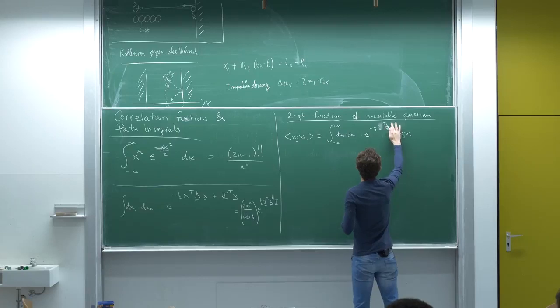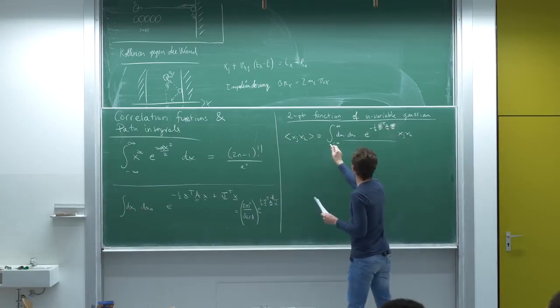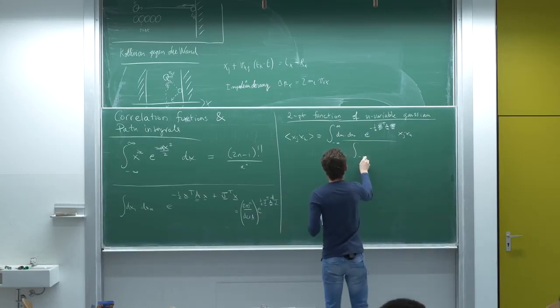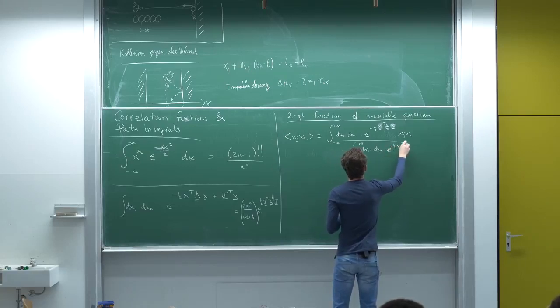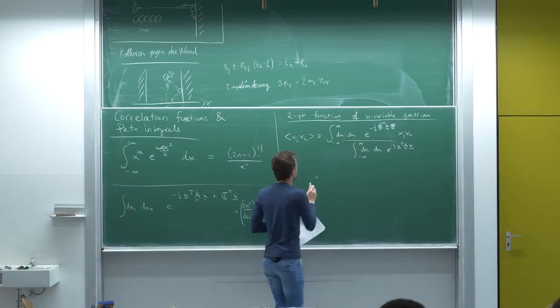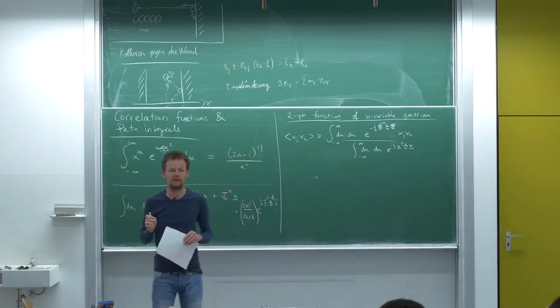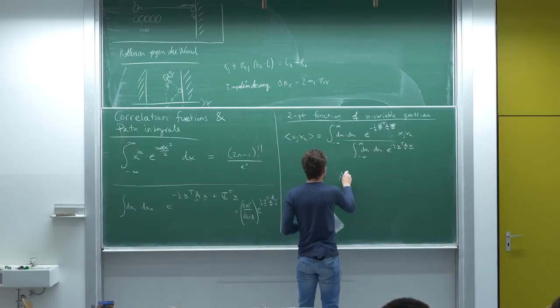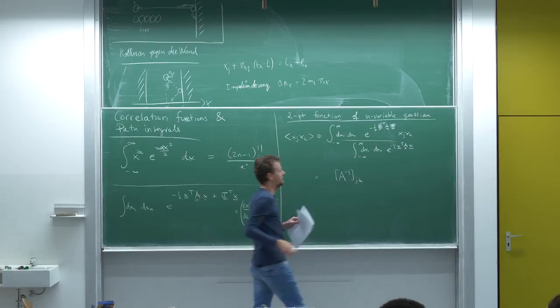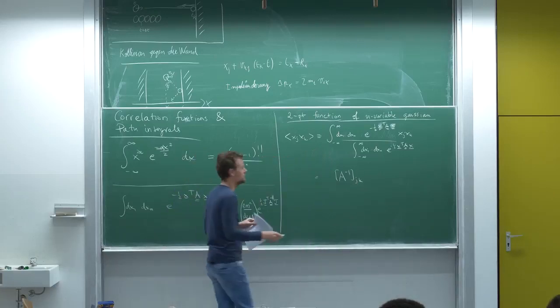They should be x's. This is not a normalized probability distribution, we better normalize it. And we get an extremely beautiful answer at the end, namely A inverse, but not just A inverse, the jkth entry of the matrix A inverse.